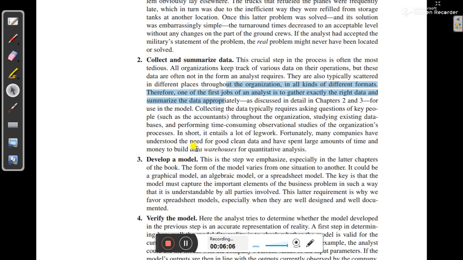By creating this data warehouse for quantitative analysis, we can create a model. In computer science we can say we need to create a training model, which will train upon those data.